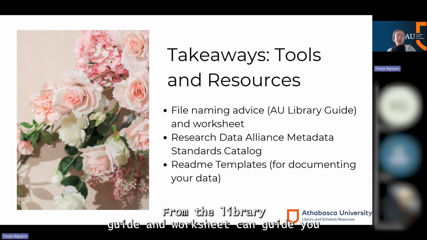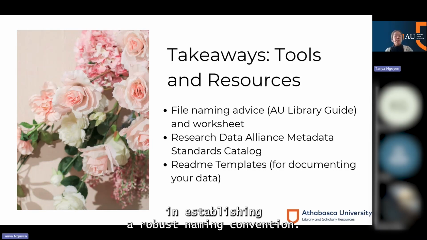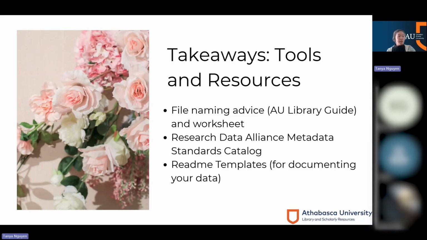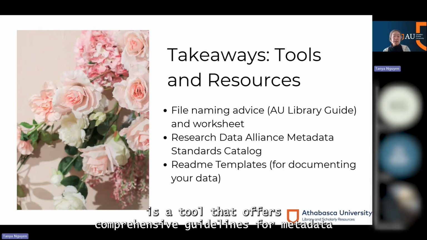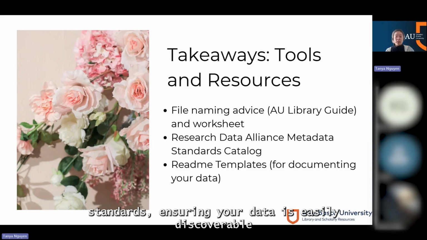Also, the library guide and worksheet can guide you in establishing a robust naming convention. We didn't talk about this, but the Research Data Alliance Metadata Standards Catalog is a tool that offers comprehensive guidelines for metadata standards, ensuring your data is easily discoverable and reusable.